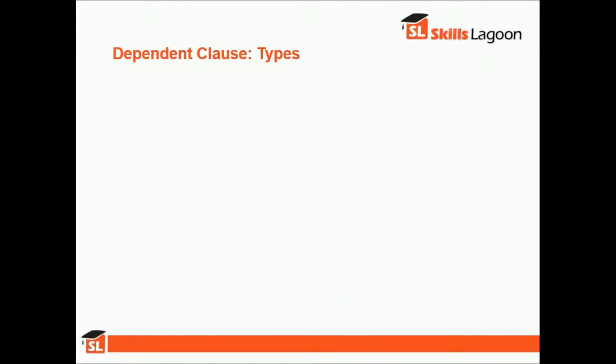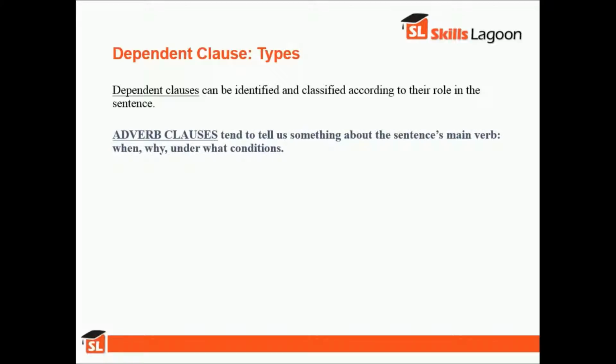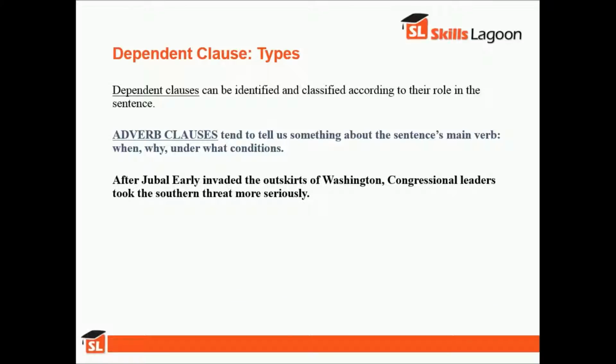The next type of dependent clause is the adverb clause. The adverb clause tells us something about the sentence's main verb, and it answers questions such as when something happened, why something happened, and under what conditions something happened. Have a look at this one. You can see the dependent clause after a preposition.